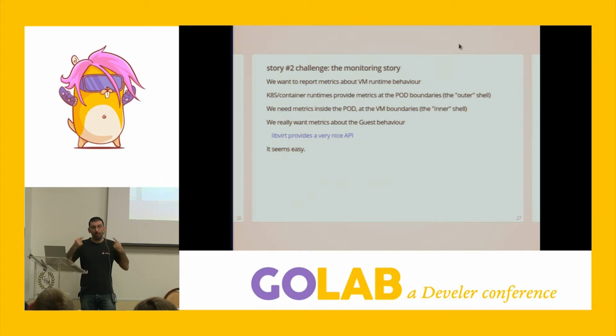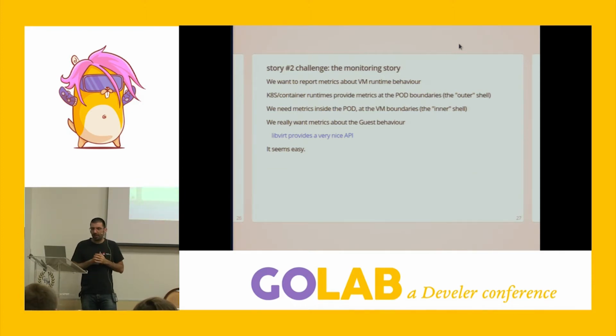You already know that, because we said in the beginning, VMs are running inside the containers, and the container runtime like Kubernetes provides us all kinds of metrics, but we want another set of metrics about what's happening inside the container, not just outside the container boundary. We need to access inside the container boundary. So we want to access the VM metrics, not just the container metrics.